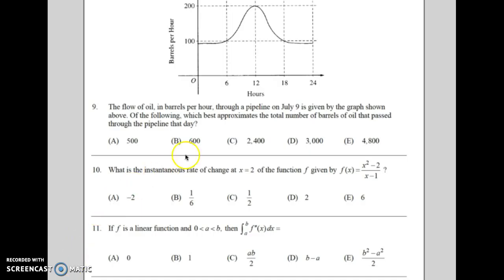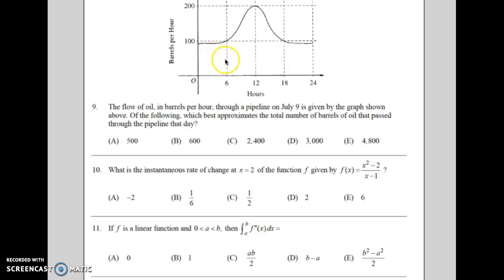Okay, so this is a graph of barrels per hour. If you want to find out the total number of barrels, you'd have to take the integral, which means the area under the curve. So it's also asking about an approximate value. If you look, how many squares, or I should say rectangles, are underneath this curve.